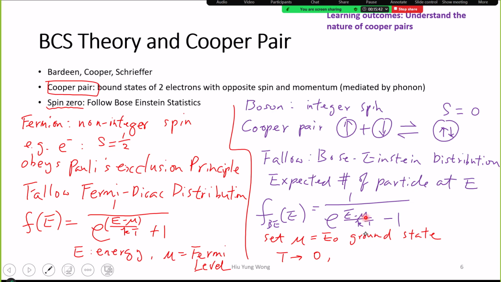Unless E equals E naught, then this is 1, and you have 1 minus 1. This is just telling us that F_BE, the number of particles you can occupy, is infinity. If you are at absolute zero temperature, you can put all the particles in the same state. Make sense? Again, you don't need to understand this equation, but it's good to learn.